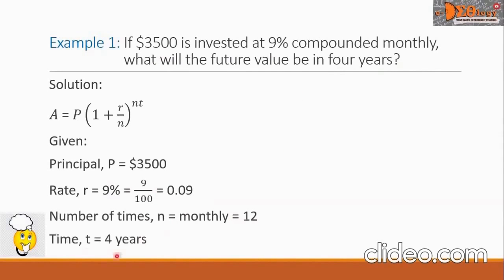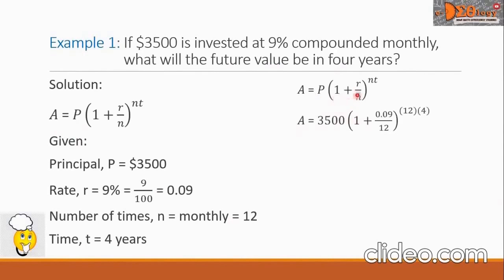So in this problem, we want to get the future value using this formula. Let us copy again this formula here, and then let us do the substitution. A equals, the P is now changed into 3,500. 1 is a constant, we will copy that.